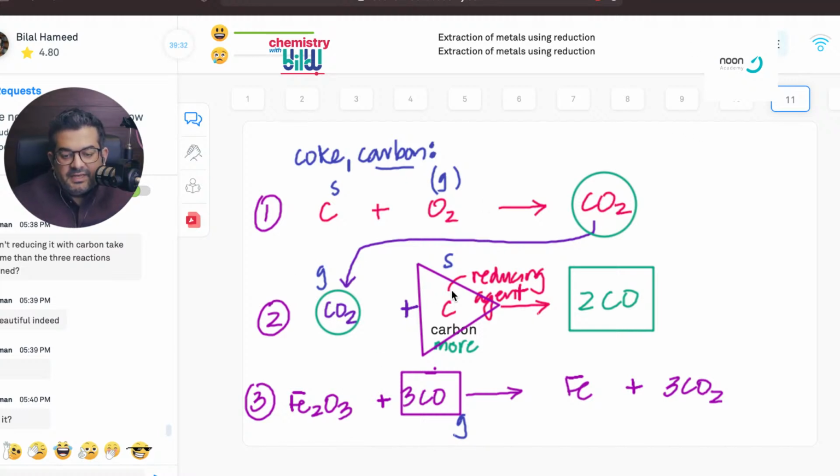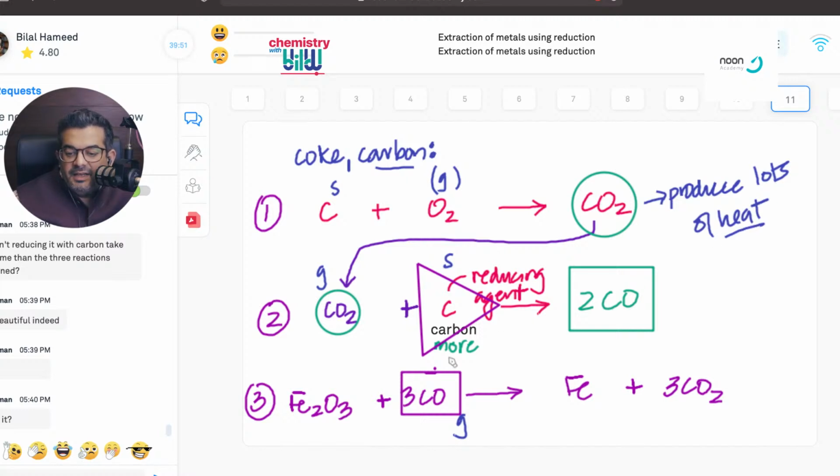So far, what's happening is, you can use this to basically extract iron. Now, one other beauty, do you want to know what's more beautiful than this, in addition to this, is that this reaction produces lots of heat, which then melts this guy.